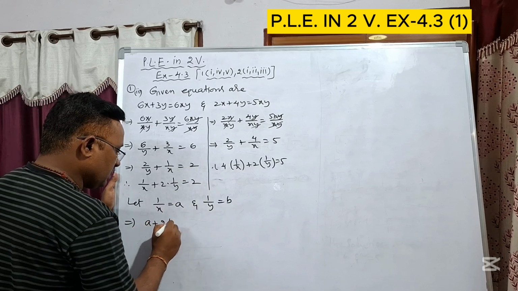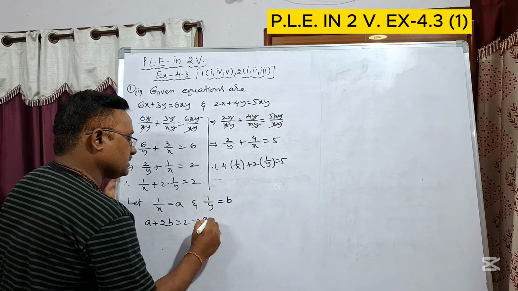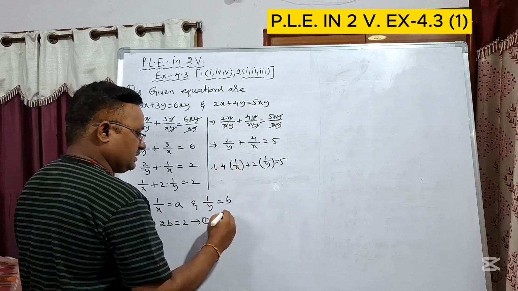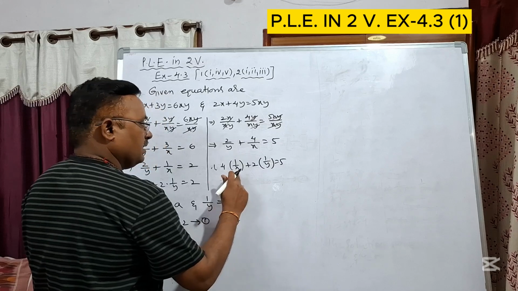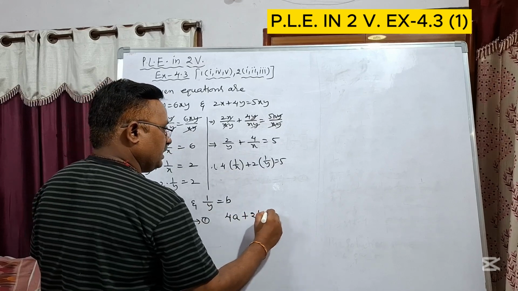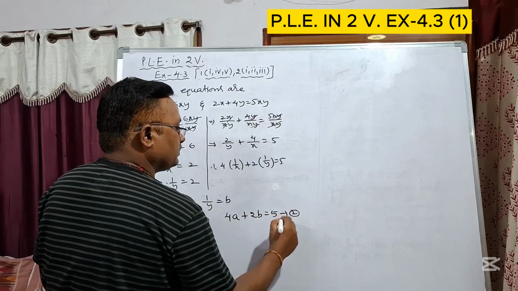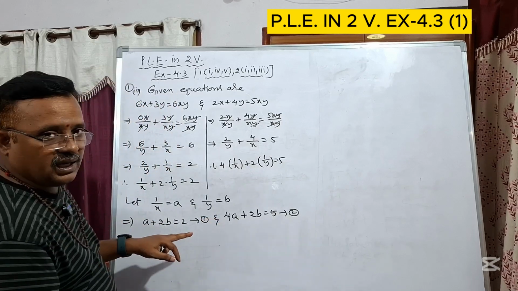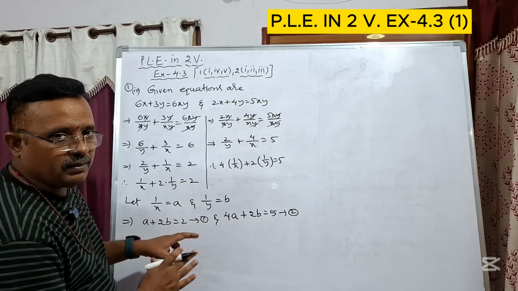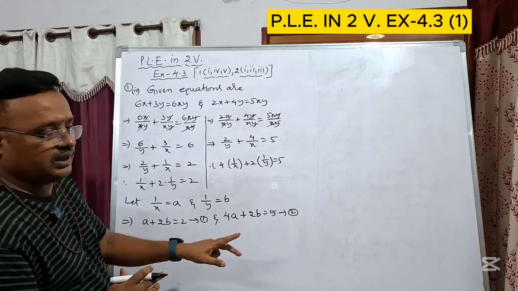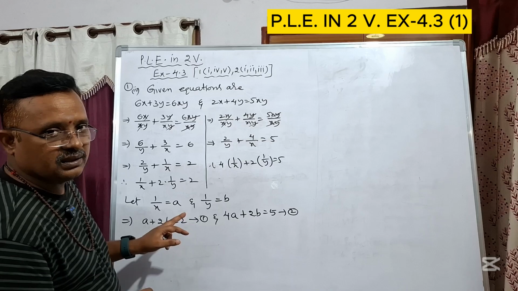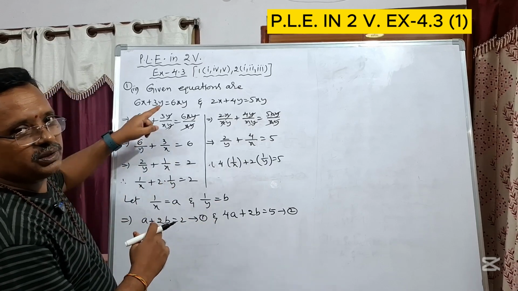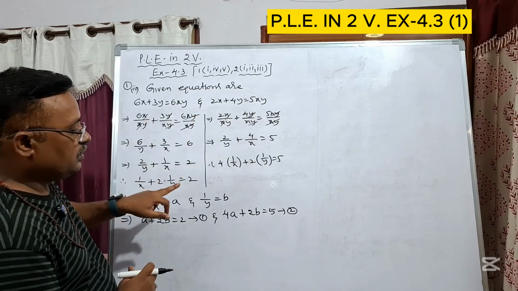Let it be equation 1. Here from this, 4a plus 2b equal to 5 will come as equation 2. These are the required form of pair of linear equations in two variables in terms of a and b. Solve them for a and b, then get our original variable values x and y from a and b.